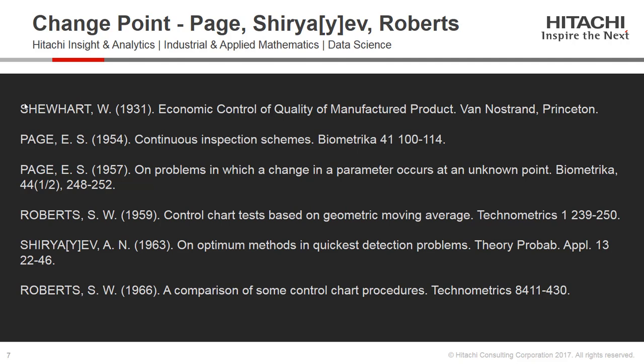And then Roberts, also at Bell Labs, and Shiryaev, who was at Moscow State, and Manchester, I believe, in the UK, both picked up the ball and tried to say something about optimizing that. Roberts did a lot of work in geometric moving averages, whereas Page was thinking about continuous sums, and Shiryaev thought about exponentially weighted averages, and so they made some gains.